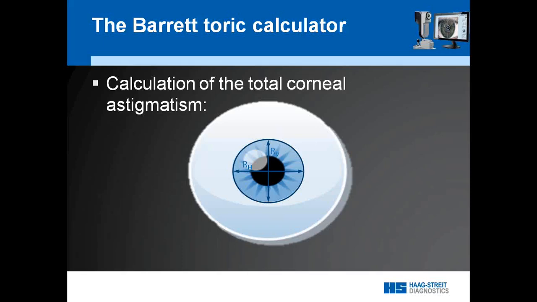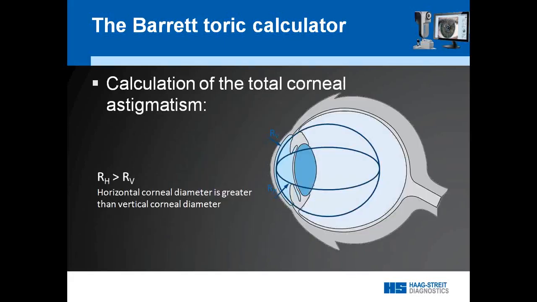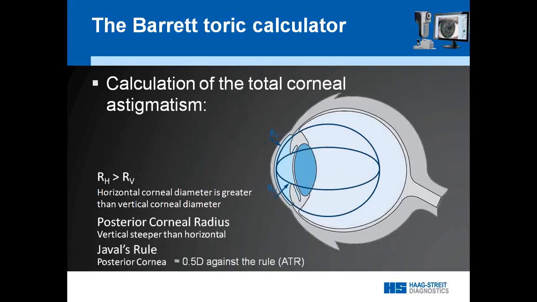This information is then used to calculate the back surface of the cornea. And from the back surface of the cornea, we already know from the old days back to Javal that the horizontal diameter of the cornea on the back surface is always larger, so flatter, than the vertical. That's basically what we know as Javal's rule.